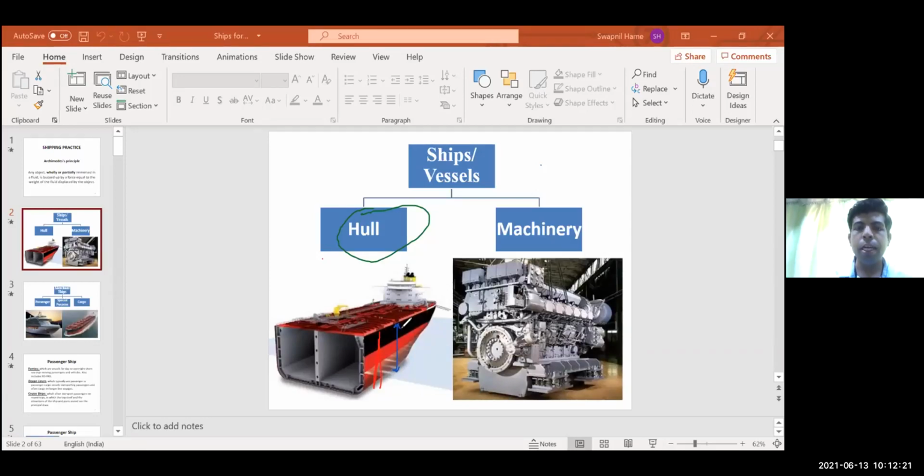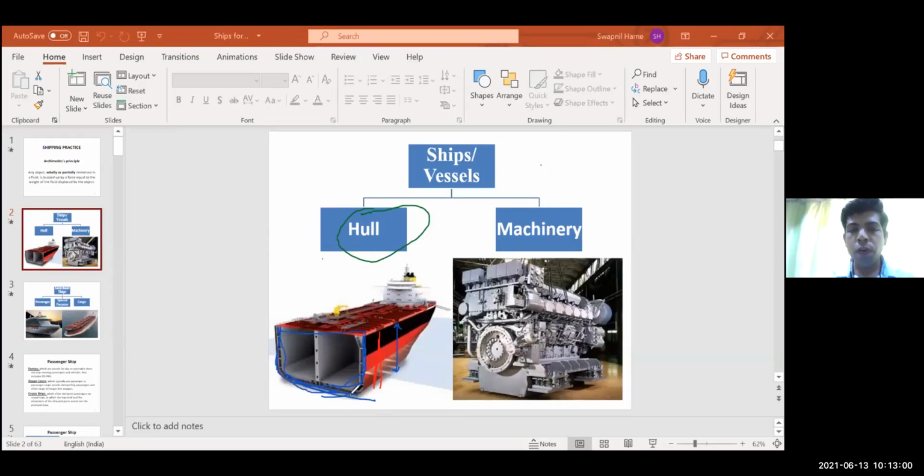The plates are arranged in a vertical manner, correct? And at the bottom there is one more plating, a kind of box shape vessel. So this entire thing we call a hull, and the hull is subdivided into various sections.